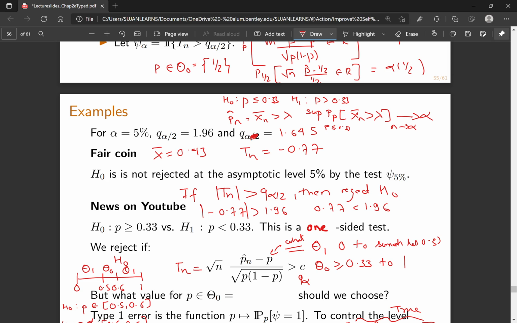What he's saying is that the probability of xn bar being greater than a certain value alpha tends to become alpha when n goes to infinity. That's what it's saying. Now we don't know what alpha is here, but for that reason, we'll use the central limit theorem to do some standardization or normalization here.